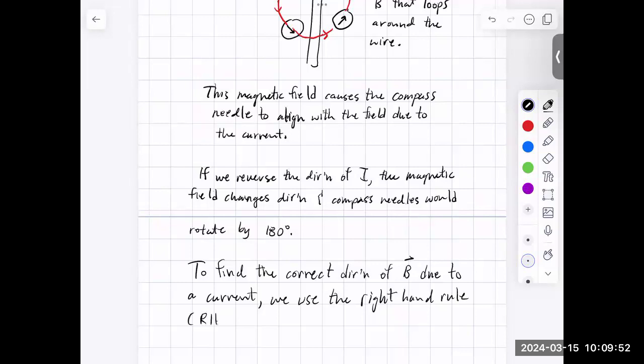I'll use RHR as shorthand for right-hand rule, because we're actually going to find that we have a few different versions of right-hand rules for different scenarios. So this one is for determining the direction of the magnetic field due to a current.